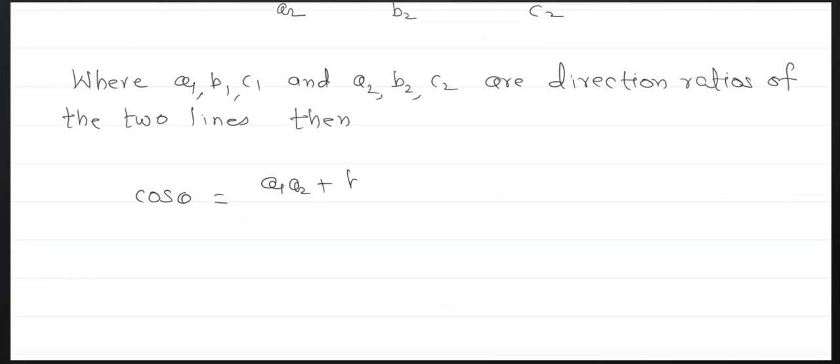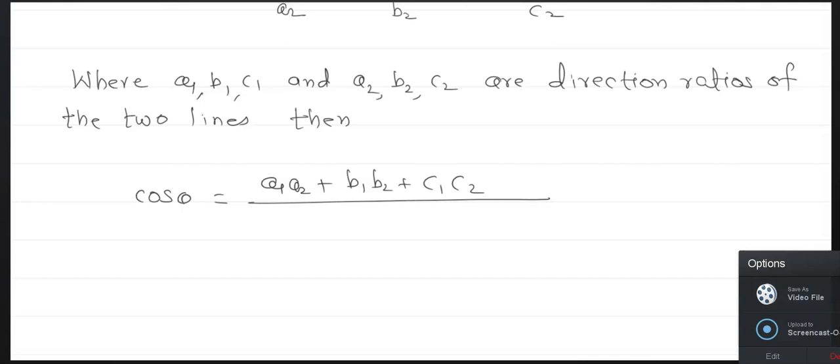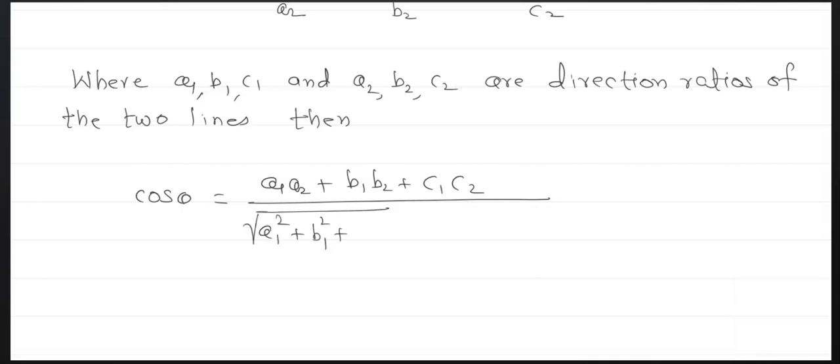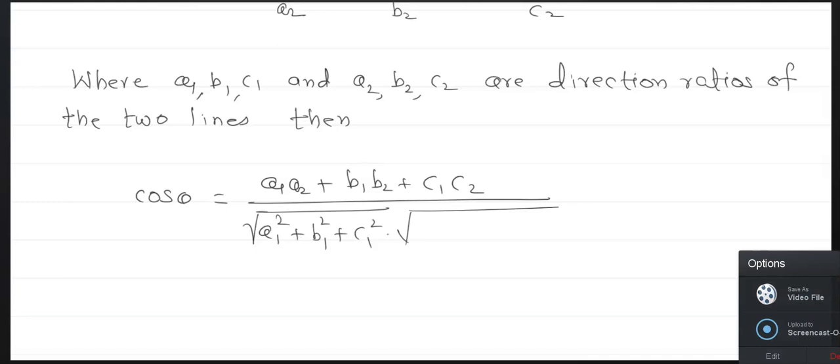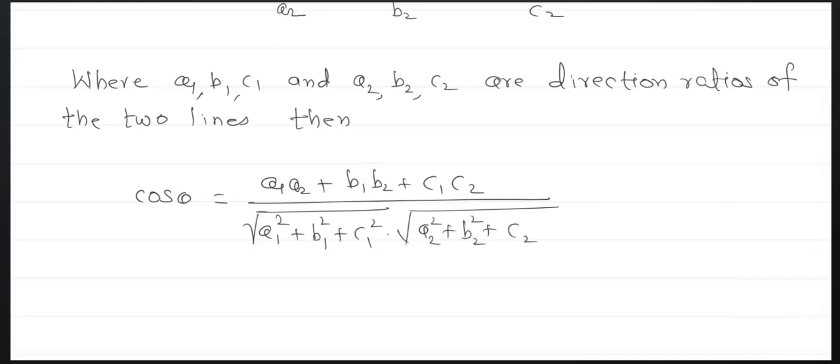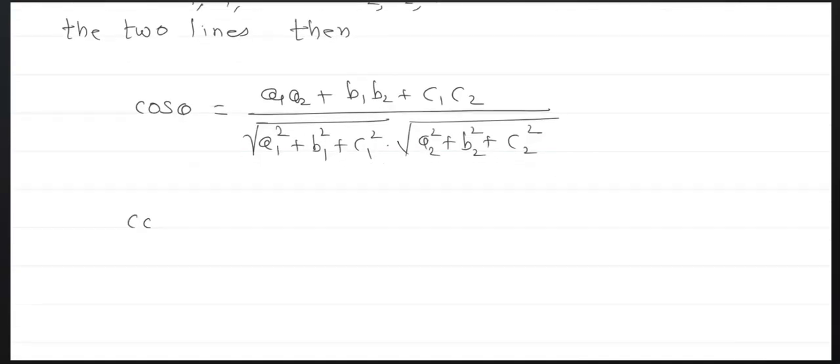Then cos theta is equal to (a1 a2 plus b1 b2 plus c1 c2) upon root of (a1 square plus b1 square plus c1 square) into root of (a2 square plus b2 square plus c2 square).